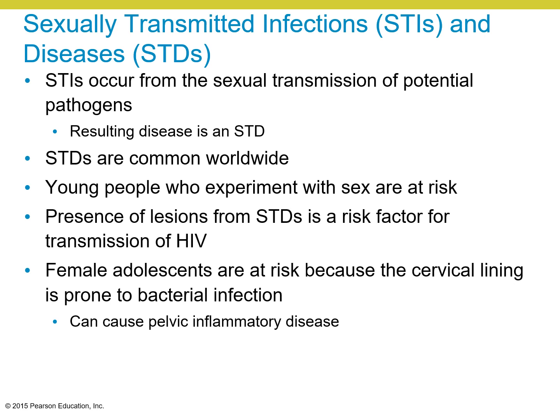Female adolescents are especially at risk of STDs in that the cervical lining is especially prone to bacterial invasion. A sexually active 15-year-old girl has a 12.5% chance of developing pelvic inflammatory disease, or PID, which is a general term for inflammation and pain in the uterus, uterine tubes, or ovaries.